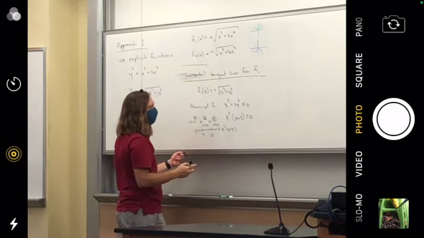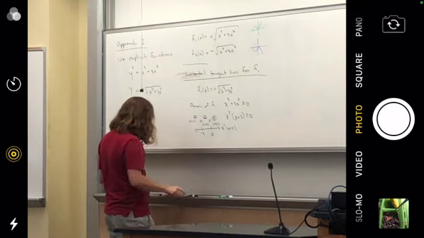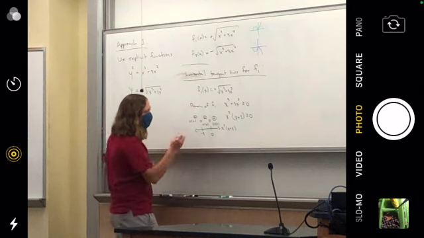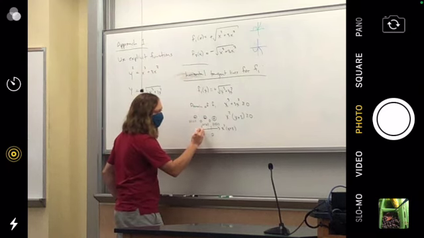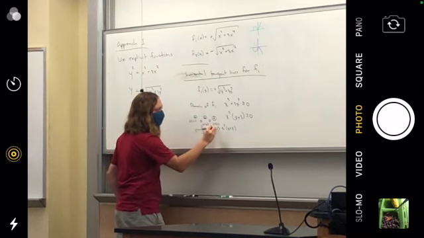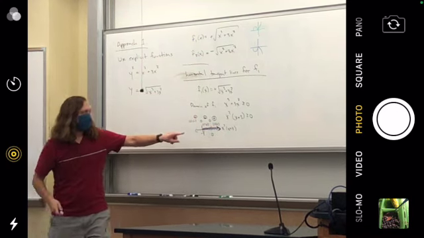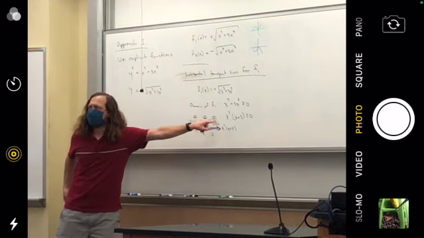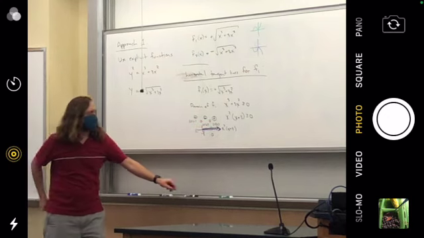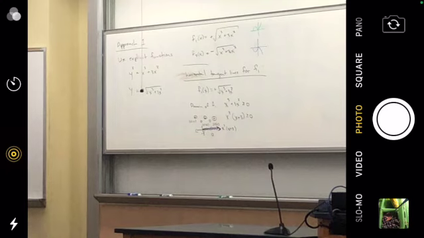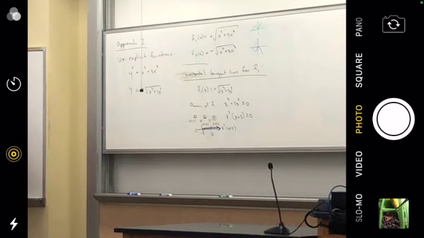But what would my domain be? I can't plug in a negative number, so I need to rule out all of these. So that means I could be 0, or positive, so that's all these x coordinates over here. Is that consistent with the picture right here? Yeah. If I move too far over to the left, I couldn't plug it in, right?